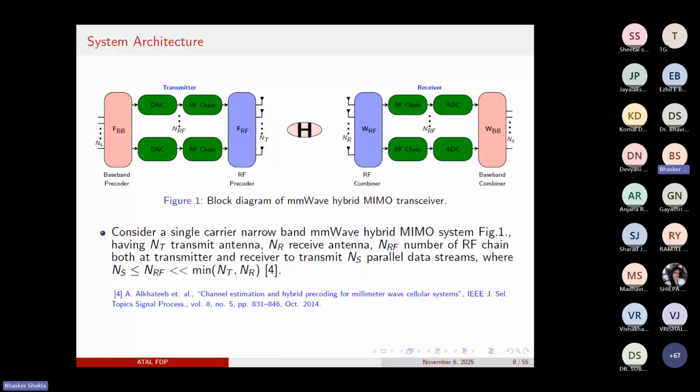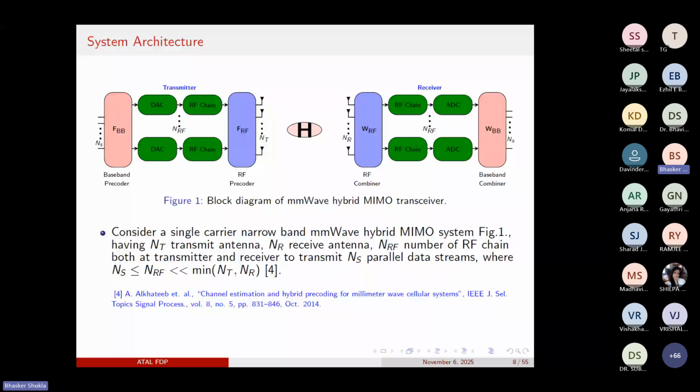So the basic difference between simple MIMO and millimeter wave hybrid MIMO is that in simple MIMO there is only analog architecture or digital architecture, but here if we use an analog precoder only, then there will be many RF chains.